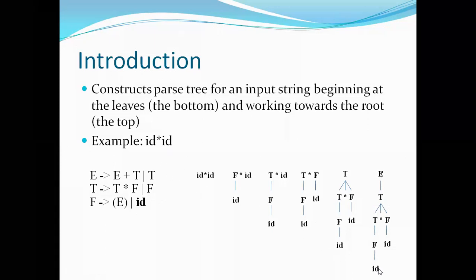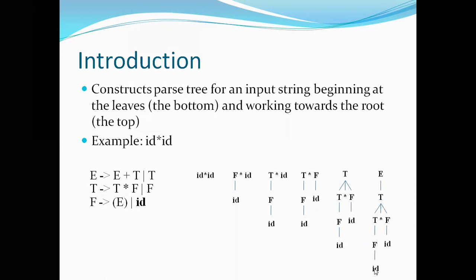Here id is considered in the parse tree, and the yield of the parse tree is id star id. So we get the correct input string by using bottom up parsing.